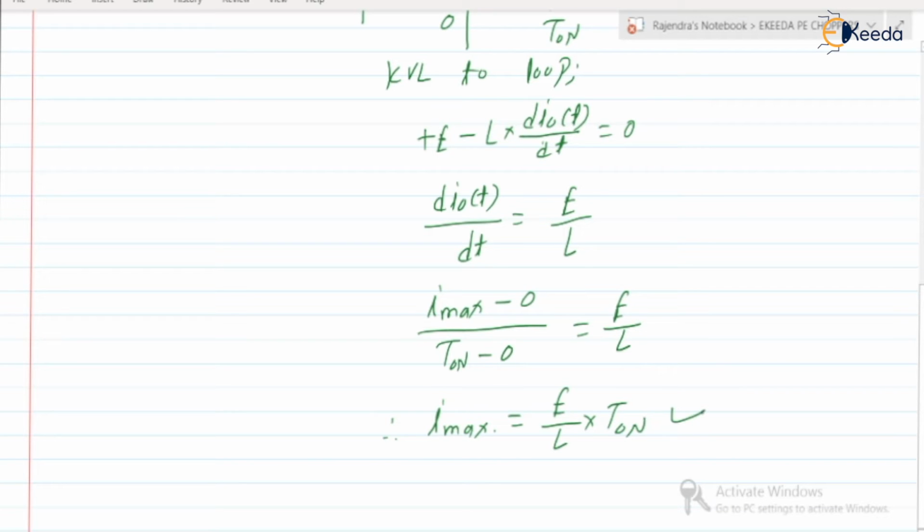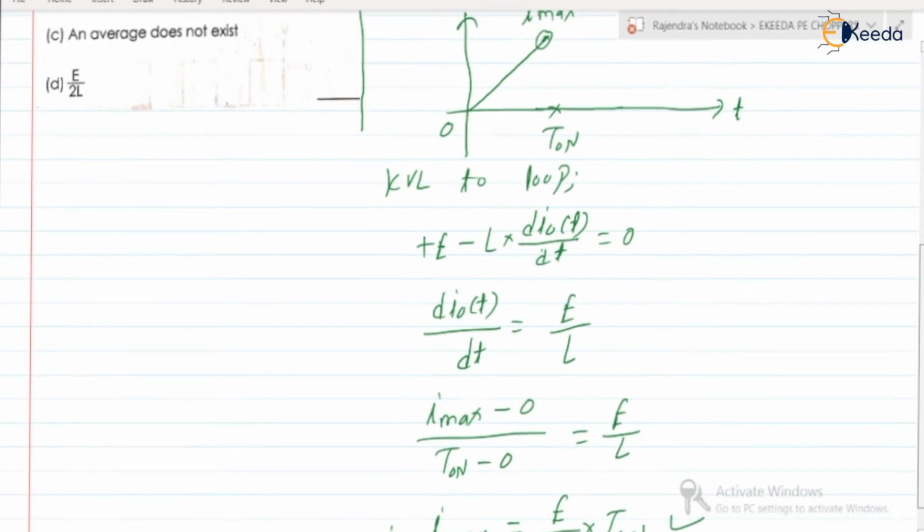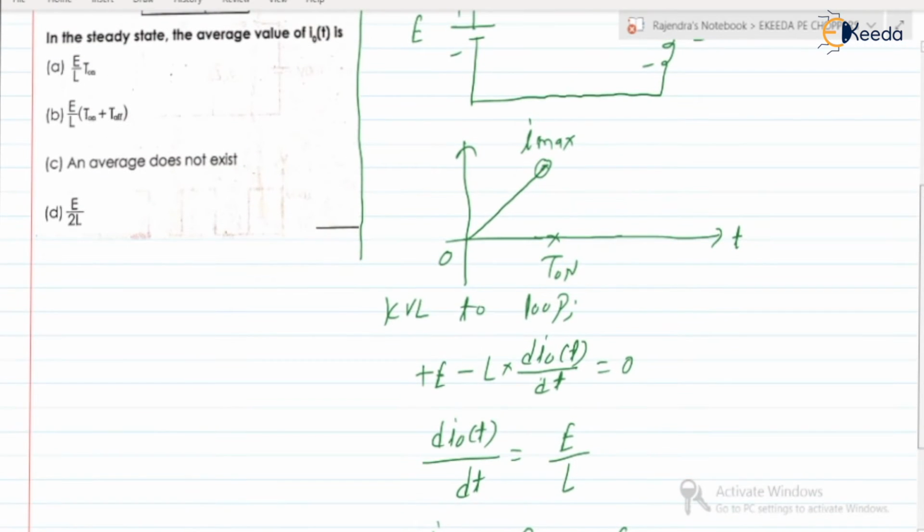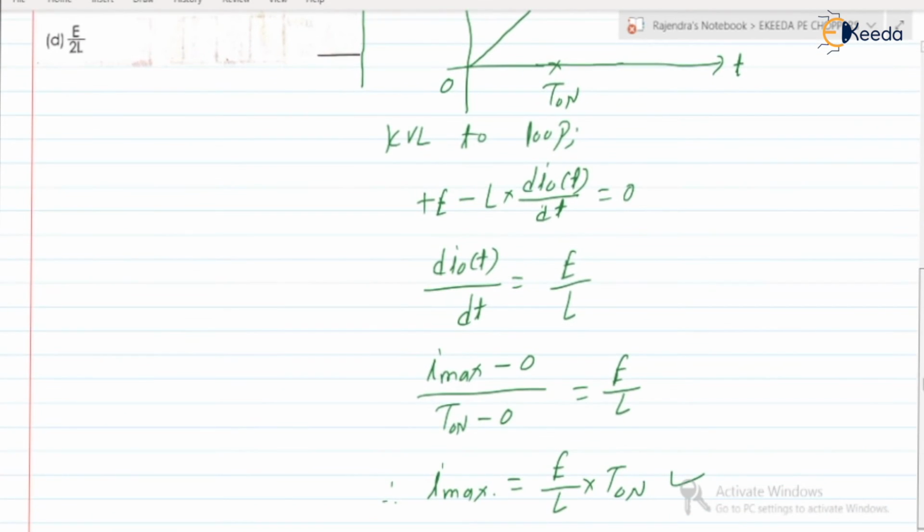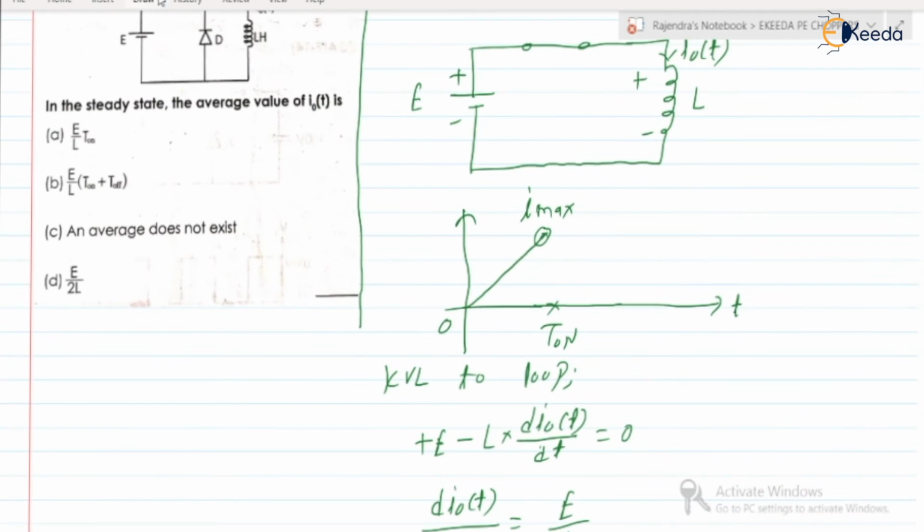This is the value of current at the end of the first on time. So this is the I max value we are having.